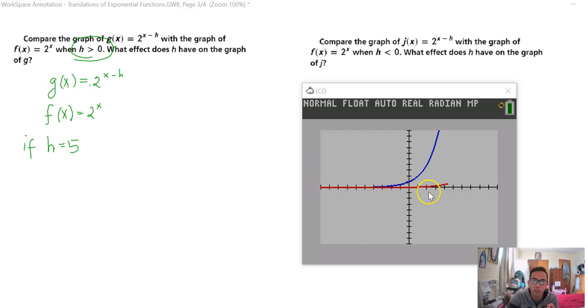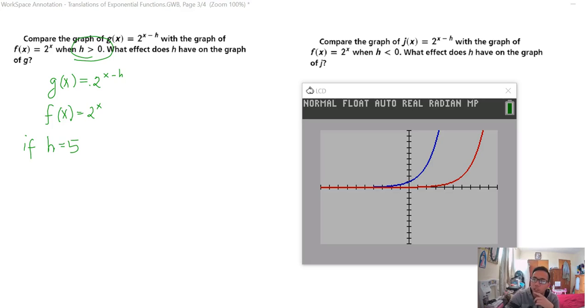So the g of x was translated horizontally. When we let h be equal to 5 and compare that with the graph of f of x, when h is greater than 0, the graph is translated h units to the right.